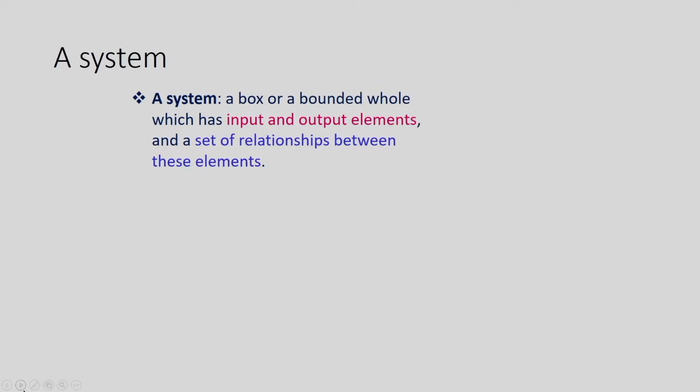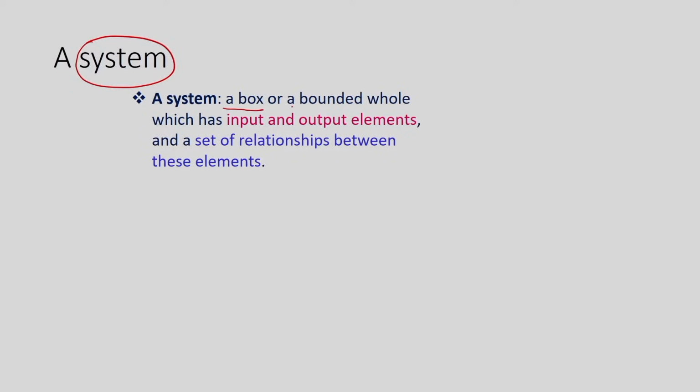Now till now we are using a term very regularly, and that term is system. So from an engineering point of view, we can define a system as a box or a bounded volume which has certain inputs and certain outputs, and there is a set of relationships between these elements.